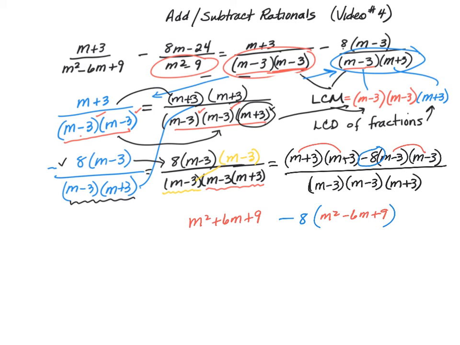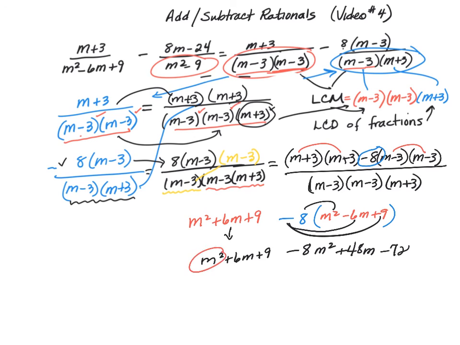So let's see where we are. We will have m squared plus 6m plus 9 minus 8m squared plus 48m minus 72.